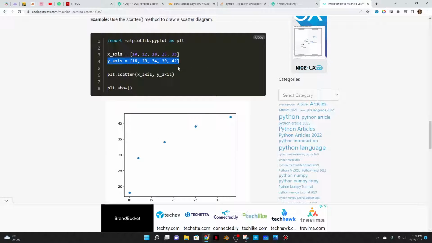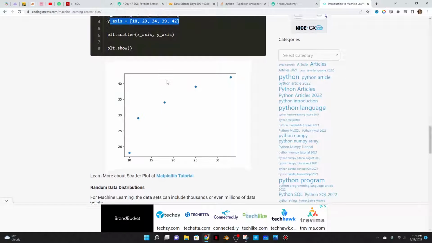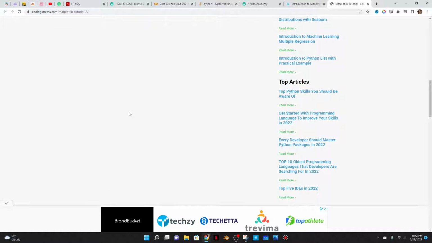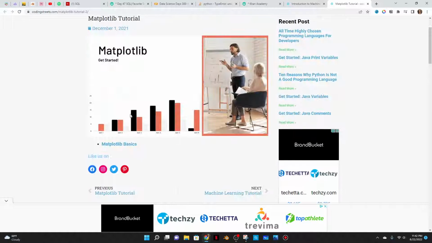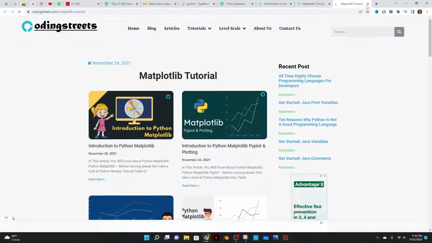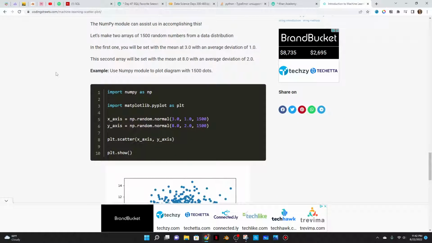What is this? Y-axis? Hello? All right, well, you lost me there. Don't even know how to navigate this site.